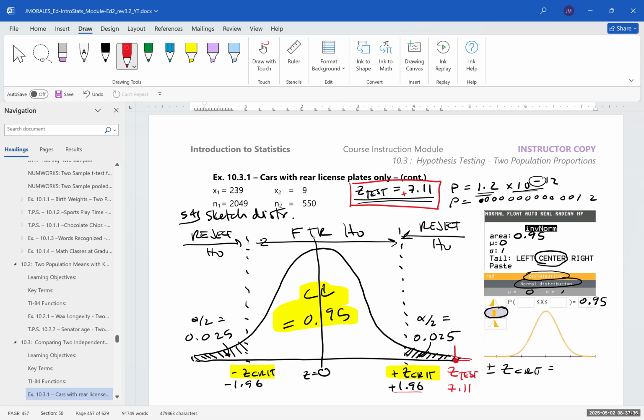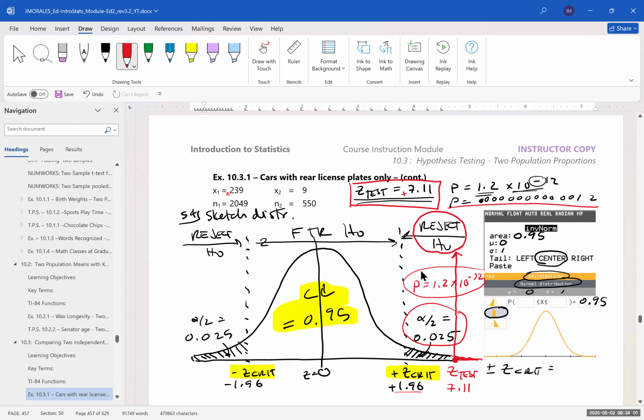And if I draw straight up from that, that firmly puts us in the reject the null region. And our p-value is the area in the tail. And that was 1.2 times 10 to the negative 12. And this value is far smaller than this area in the tail. All right.